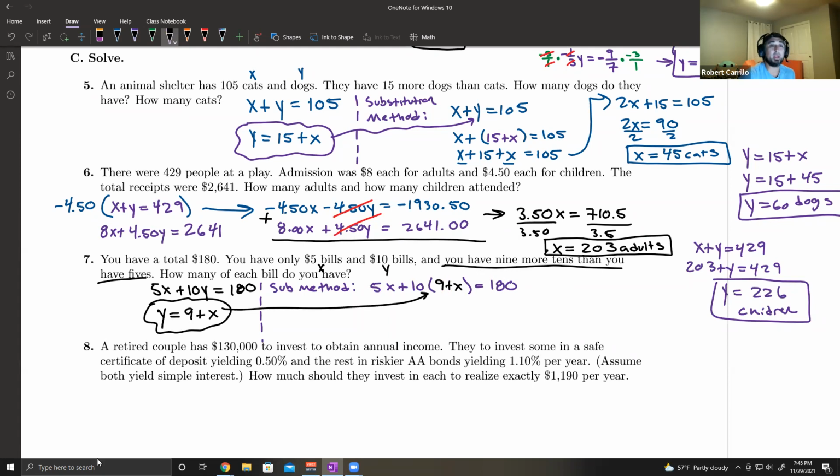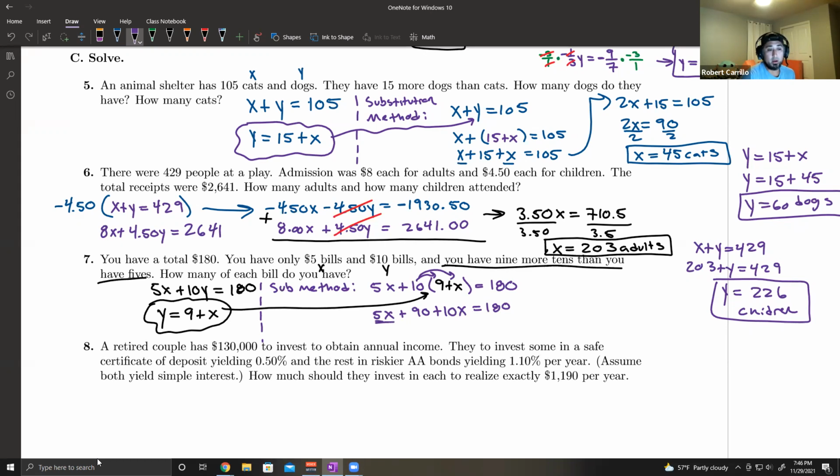Now, distribute this 10. So we'll have 5x plus 90 plus 10x equal to 180. All right, almost there.